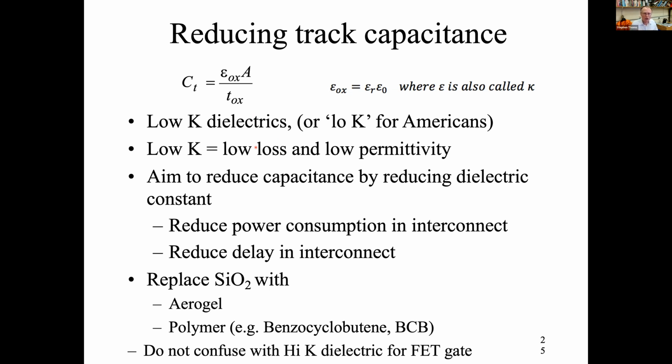Essentially what you do is you replace silicon dioxide, which was a straightforward, fairly easy insulator to use, with other insulators which have lower dielectric constants. And typical ones are aerogels, which, as the name suggests, contain some air.